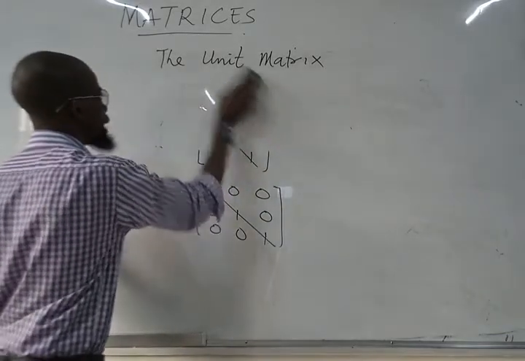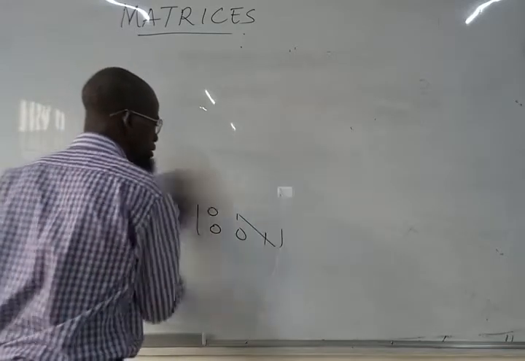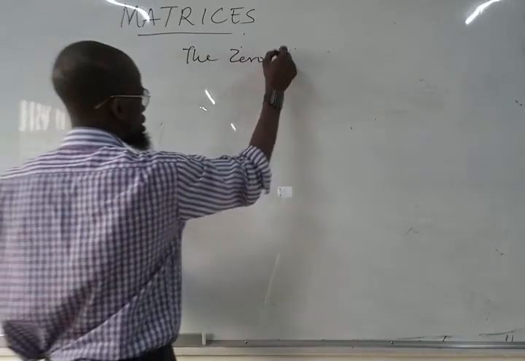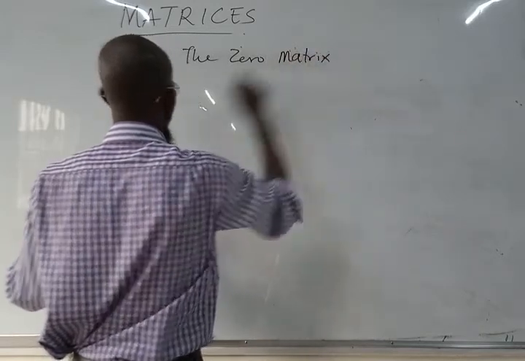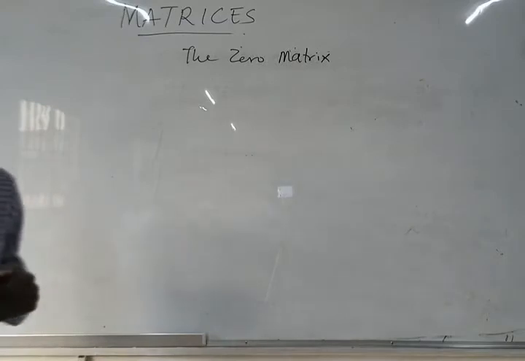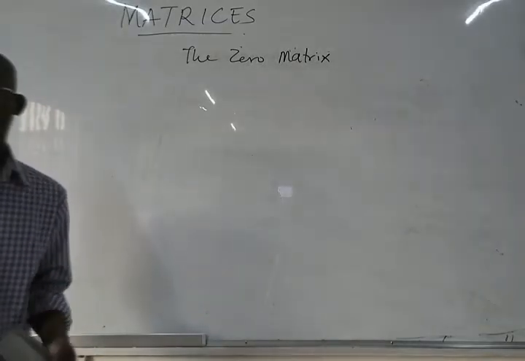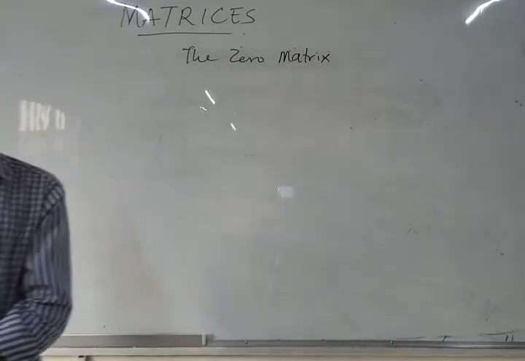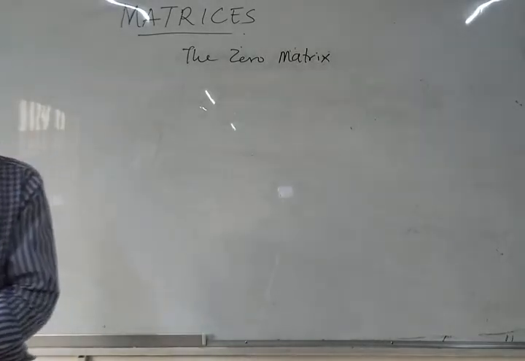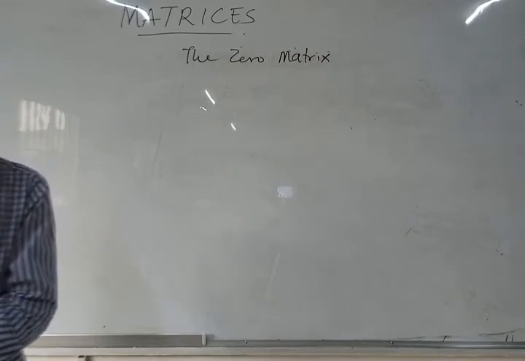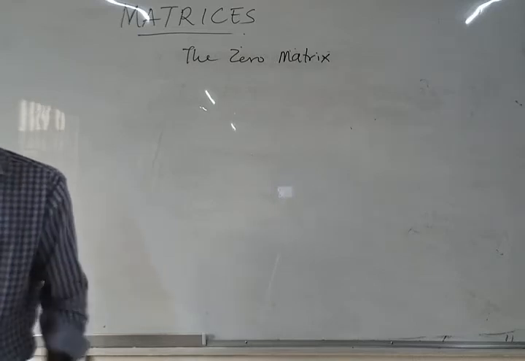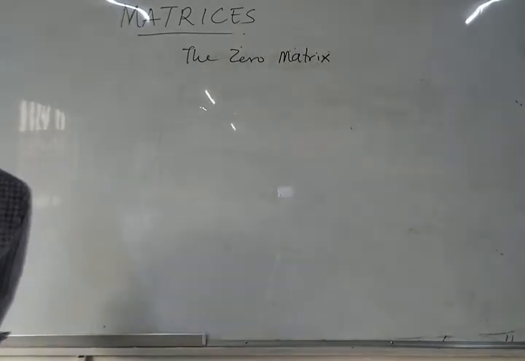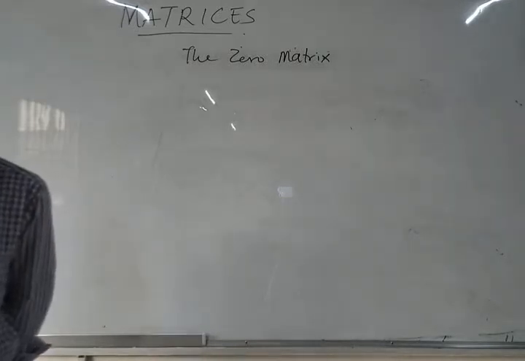The zero matrix, or null matrix, is a matrix in which all of the elements are 0. There is a zero matrix for every size.